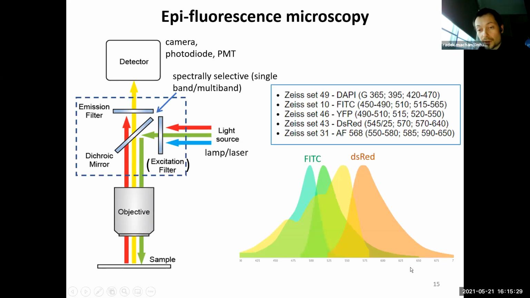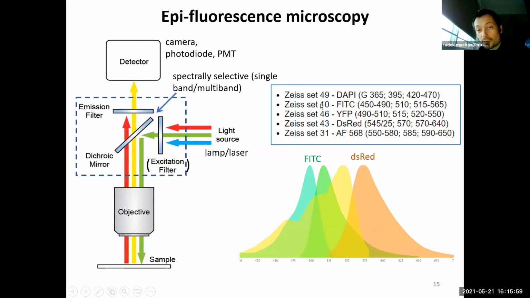So here is an example of spectra from my favorite FP-based spectra viewer, where I selected two fluorophores, fluorescein and DS-red. And here is a list of filter sets from one of our microscopes. So I can see which filter set will work for which of the fluorophores.